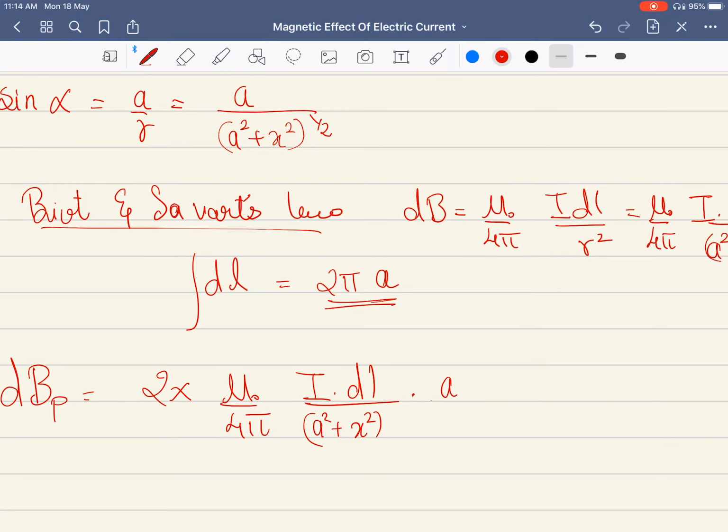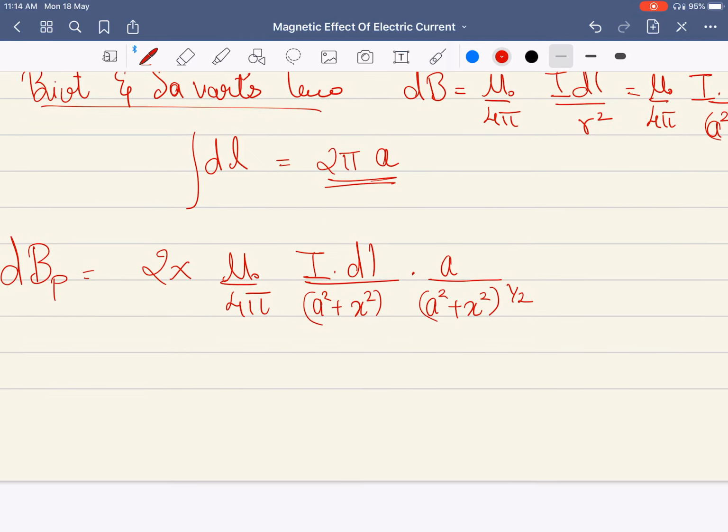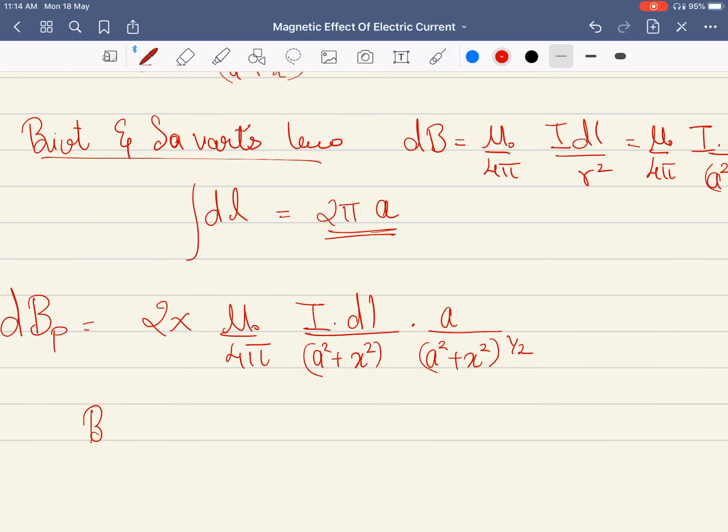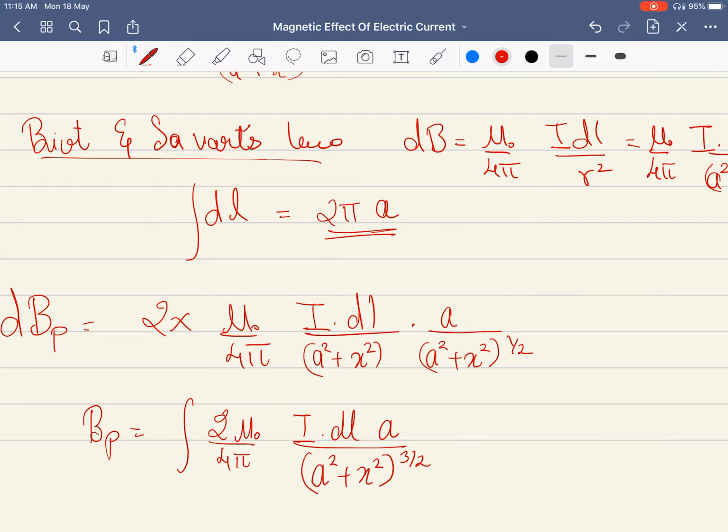The value of sin theta we will write as a by a square plus x square the whole raised to 1 by 2. Okay, so when I say the total magnetic field at point P, I need to go by integration, that is 2 mu naught by 4 pi, I dl a upon a square plus x square the whole raised to 3 by 2.